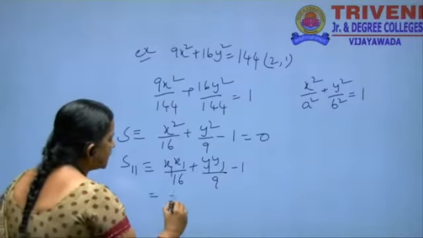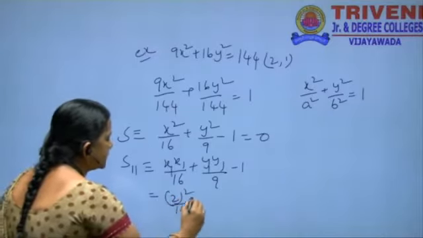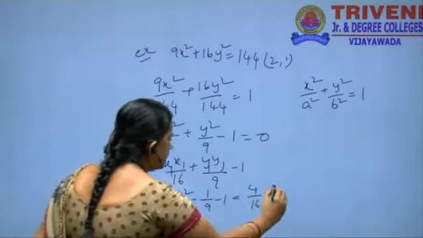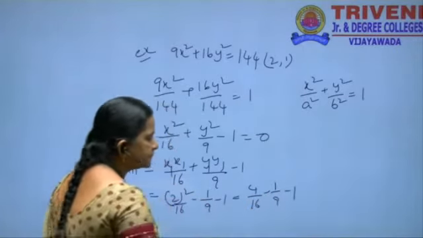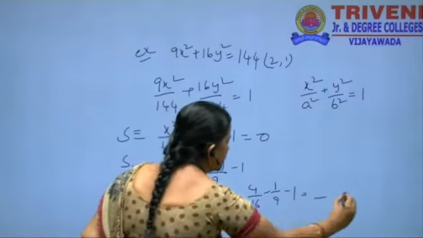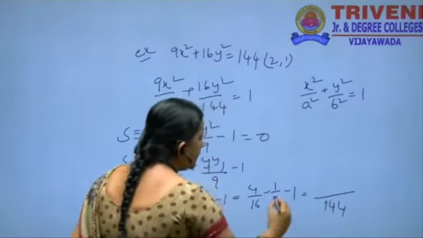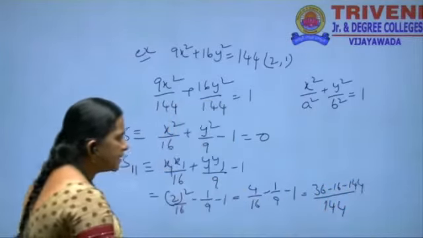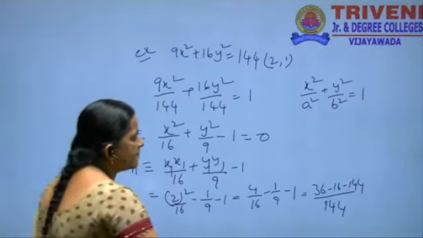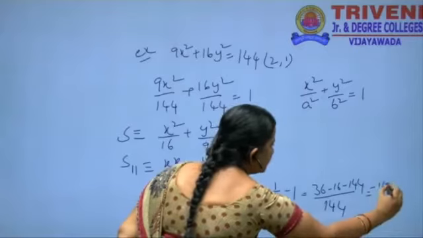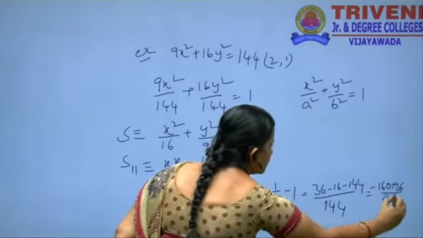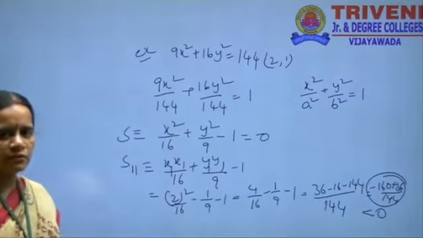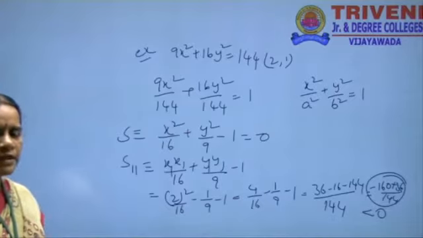Then substitute the values of x1, y1 as 2, 1. Here S11 is 2 whole square by 16 plus 1 by 9 minus 1, that is equal to 4 by 16 plus 1 by 9 minus 1. Here the LCM is 144. 9 sixes are 36, plus 16, minus 144. That is 36 plus 16 minus 144, which is minus 92 by 144. Here it is a negative value. Therefore, S11 is less than 0.